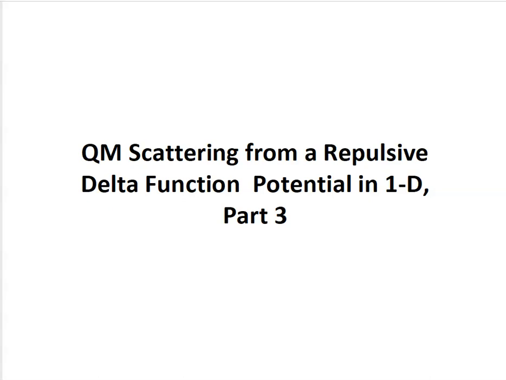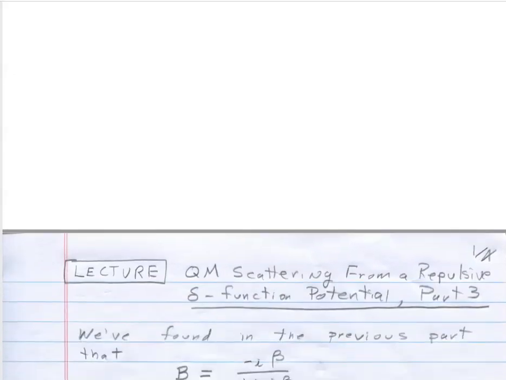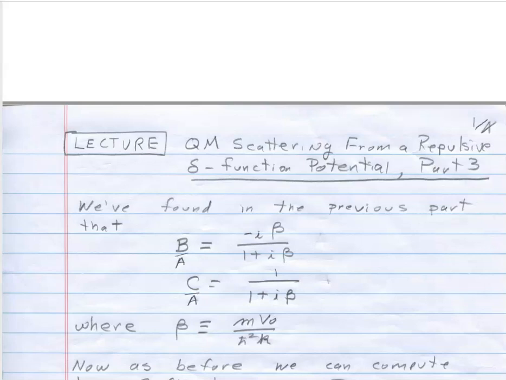Well, continuing from the previous part two, we'll look now at calculating the transmission and reflection coefficients from those previous results. Remember that toward the end of part two, we got that the reflection amplitude B ratio to the incident amplitude is given by the top expression here.